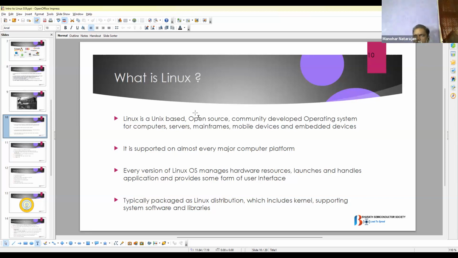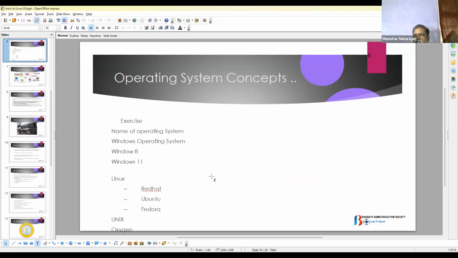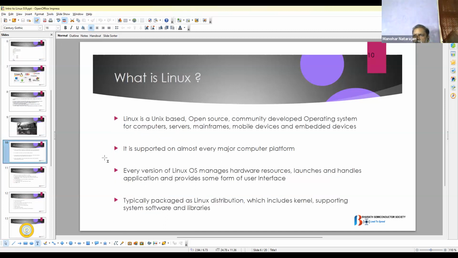Because of its openness, it has become a very powerful operating system. It is available as packages. A few days back we named different operating systems, like Red Hat, Ubuntu, Fedora, etc. All of these are nothing but distributions of Linux.